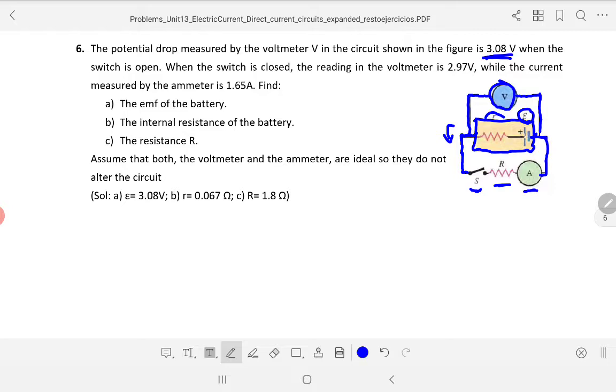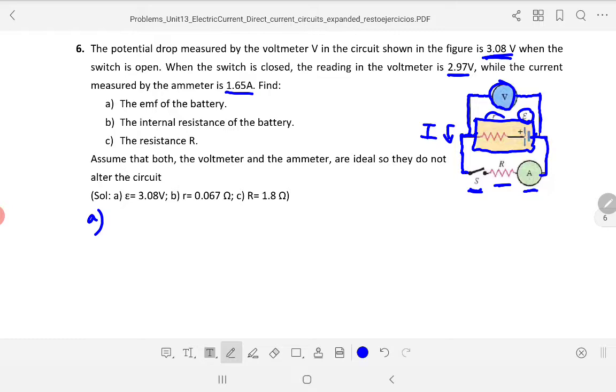When the switch closes and there is current flowing through the battery and the rest of the circuit, the voltmeter says the potential difference is 2.97 volts. When it's closed, we have an electric current of 1.65 ampere. So the first question is, what is the electromotive force of the battery?